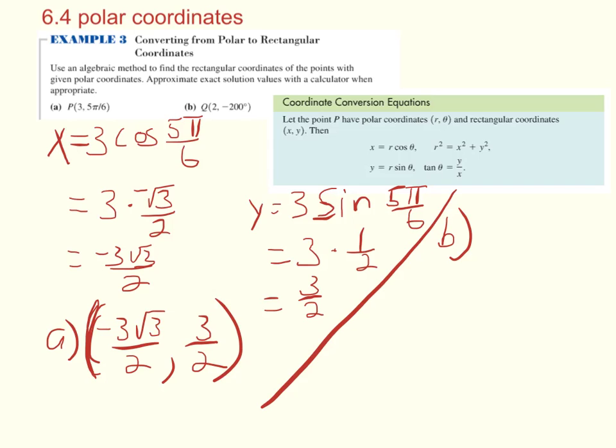So at that point we can approximate using a calculator and simply do 2 times the cosine of negative 200 or of positive 160.